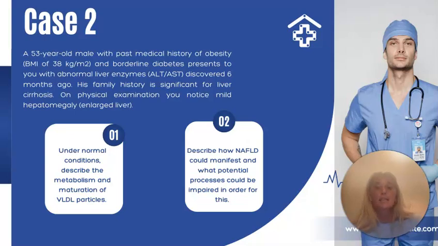And lastly, excess carbohydrate intake. Excess dietary carbohydrates or increased glucose production in the liver stimulate de novo fatty acid synthesis, further contributing to fat accumulation. Interestingly, direct uptake of dietary fat plays a relatively minor role in liver fat buildup.